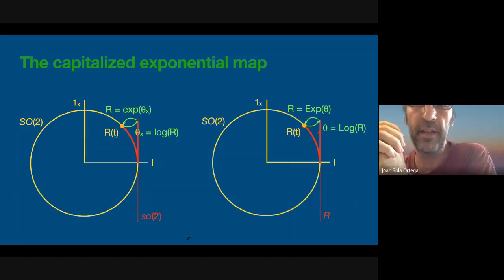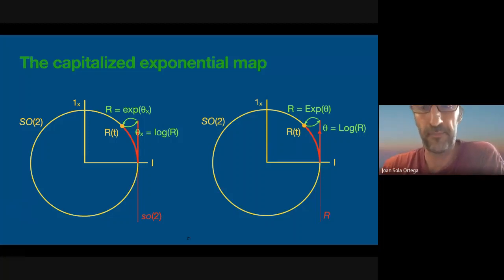So we can very easily find theta cross from theta and define a new exponential, which I wrote with a capital E, which encompasses these two operations: passing from the Cartesian representation of the tangent space to the Lie algebra representation, and then doing the exponential. These two operations together are represented by a capital exponential. So you pass from theta to R with the exponential of theta, and from R to theta with the logarithm of R.